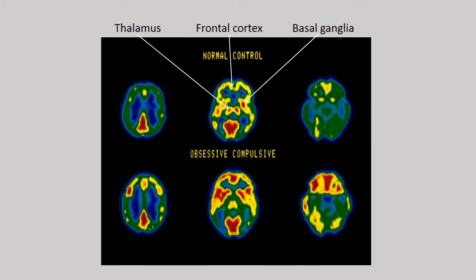And I've pointed out here the regions of the normal control, and you can see in the lower half of the PET scan how these three regions are lit up more in the obsessive-compulsive patient under different conditions. Now, family history studies clearly show OCD runs in families, and twin studies support a substantive genetic component as well in its etiology.